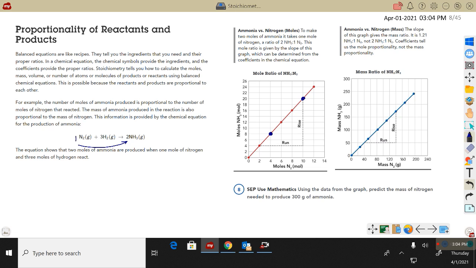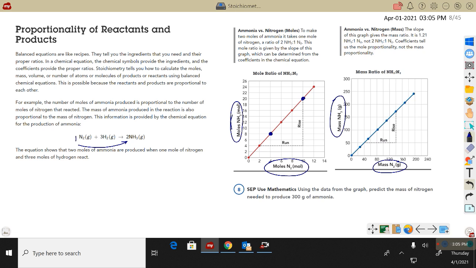Now, what they're trying to show on the blue graph is that the ratio is not a direct ratio of grams. Here they were graphing, I don't know if you caught this, that the first red graph was moles of nitrogen versus moles of ammonia, and the second blue graph is mass of nitrogen versus mass of ammonia.